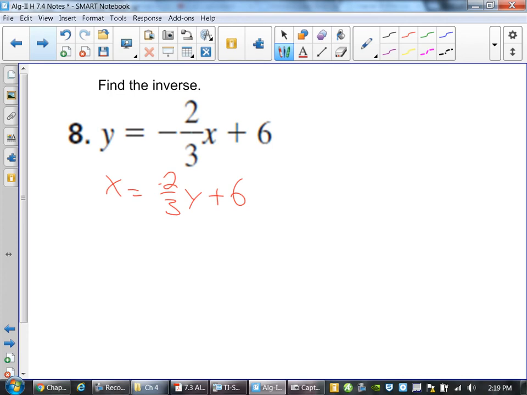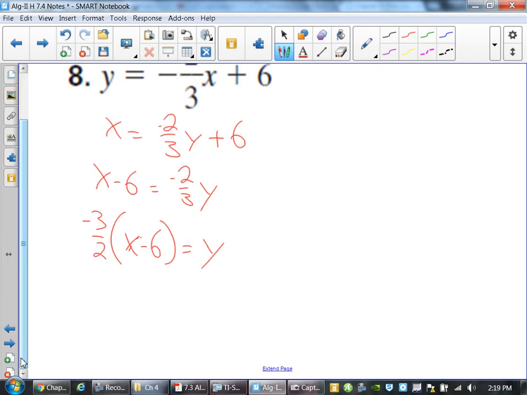First step is to do what? Subtract 6. And then how do you undo multiplying by -2/3? Multiply by the reciprocal. In this problem, you can distribute that through because you know that the -3/2 times the -6 will simplify out.